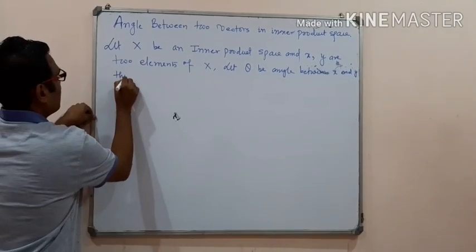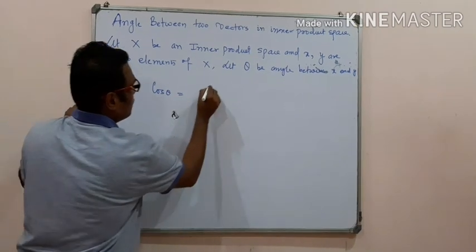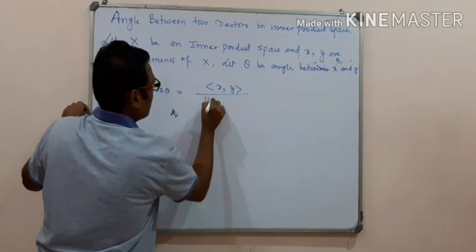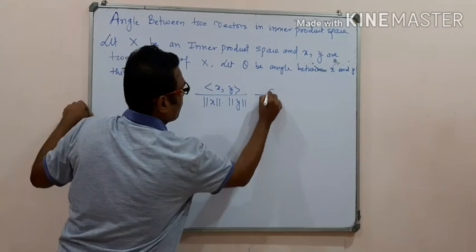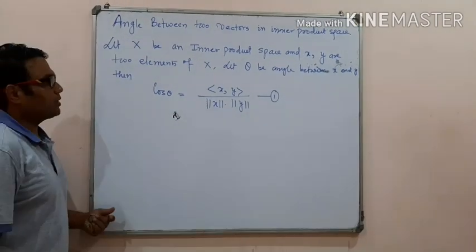Then we compute cos theta, which is equal to the inner product of x, y divided by the norm of x multiplied by the norm of y. This is the formula to compute the angle between two vectors in the inner product space.